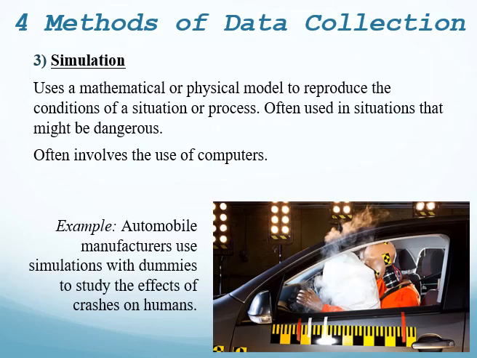So for example, we build a new car, we send it to the lab, they put dummies in it, run it up to speed and crash it into a wall. The dummies are full of sensors, and we see, okay, would the dummy have gotten broken legs and broken ribs, or what would have happened if that had been a real person in the car? And so that's a simulation. Sometimes we'll do computer simulations, like how a virus is going to spread.